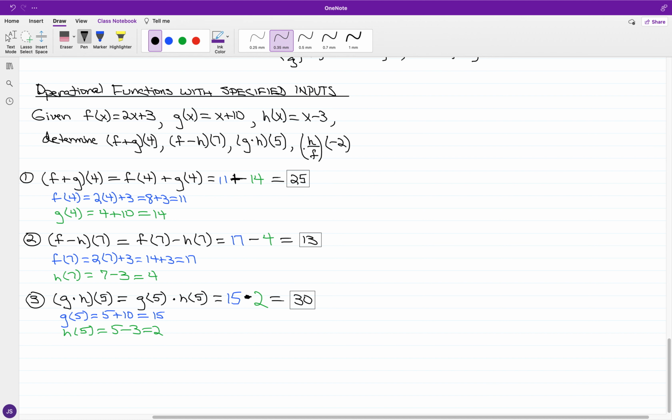Okay, and we have our h over f of negative 2. So this is going to be h of negative 2 all over f of negative 2.